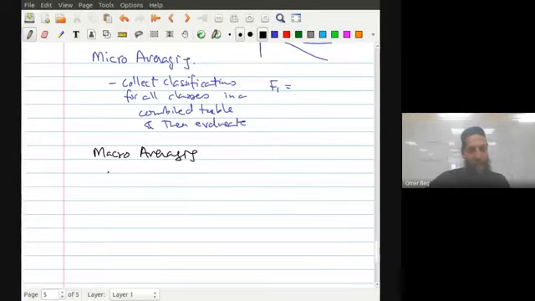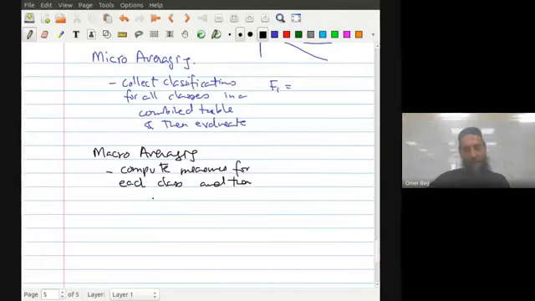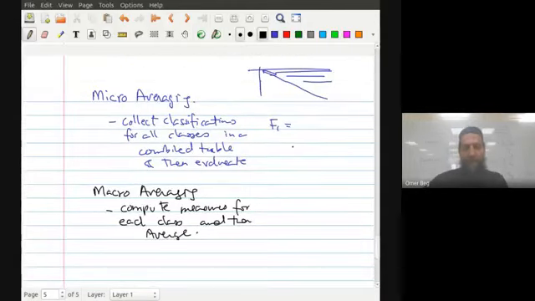in which we compute measures for each class separately and then average. So in that case, we are using the same scores.